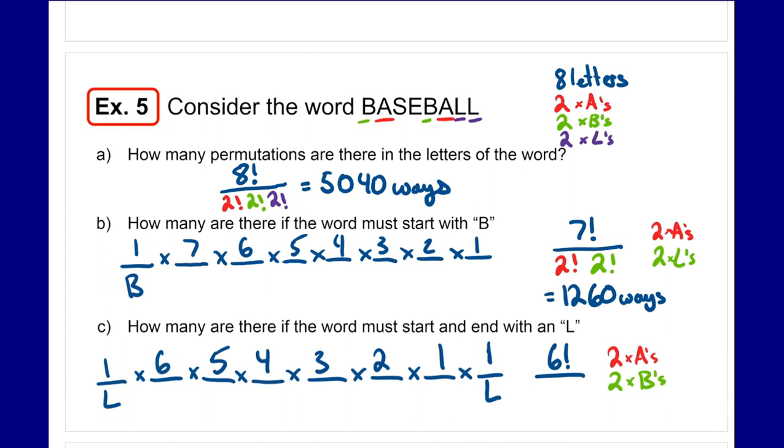Again, if you decided to say there were 2 L's possible for the first spot, then you would have to divide by another 2 factorial, because the order of those 2 L's doesn't matter. So we have 6 factorial divided by 2 factorial times 2 factorial, which would give us 180 ways.